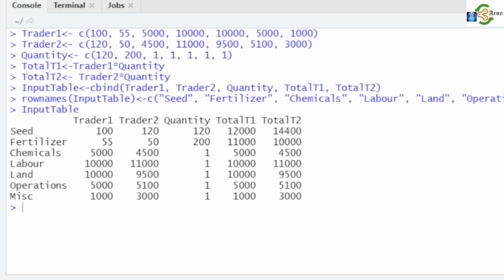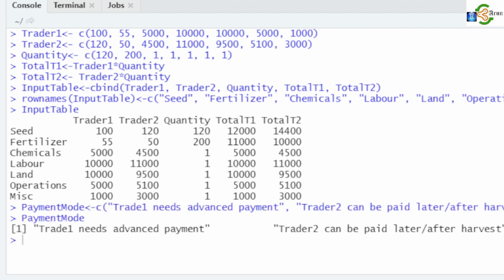But one important thing I have to mention here is the payment model, the mode of payments. If you opt for trader 1, then you have to pay trader 1 in advance. That is, once you purchase, you have to pay at the same time.